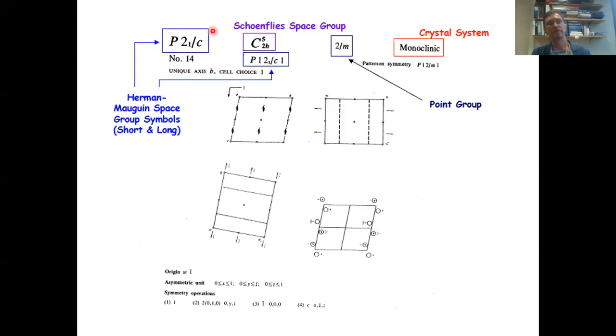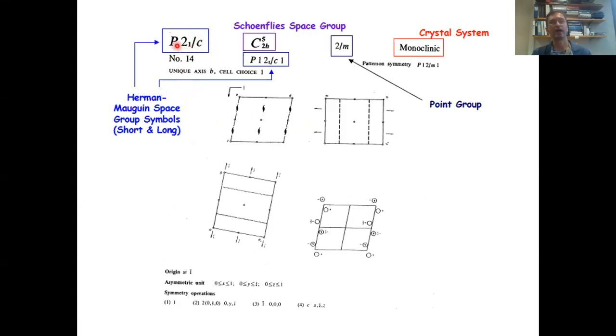This here is the name of the space group in the Hermann-Mauguin formalism. So this is listed as P21/C, which is read as P21 over C. So what does that mean?